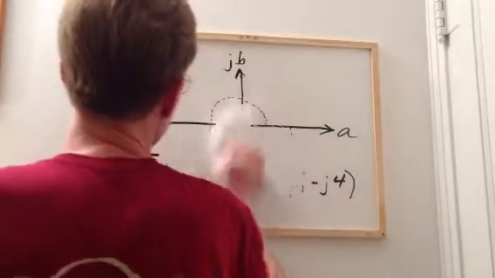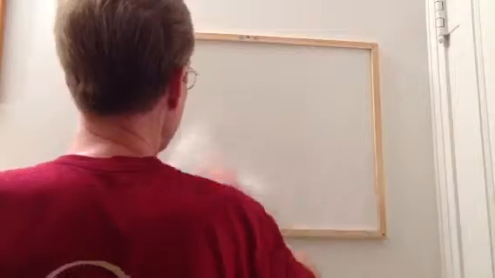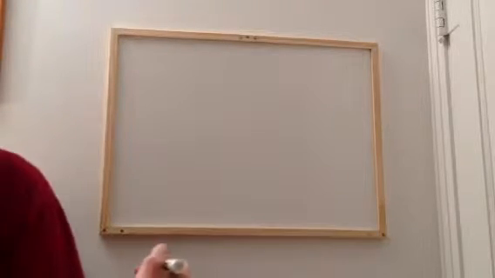Now we've learned a little bit of theory. The chapter will get into how to convert between magnitude and direction form and ordered pair form.